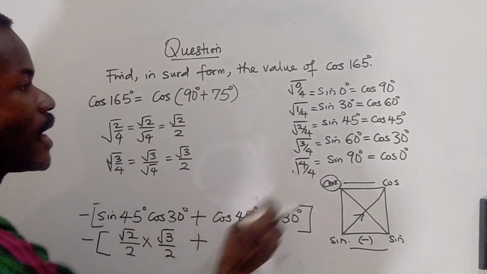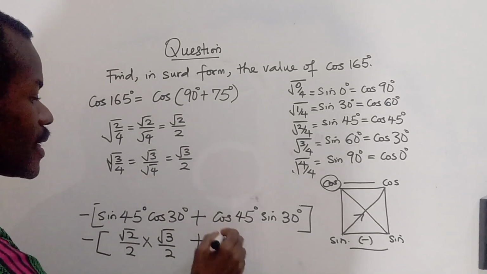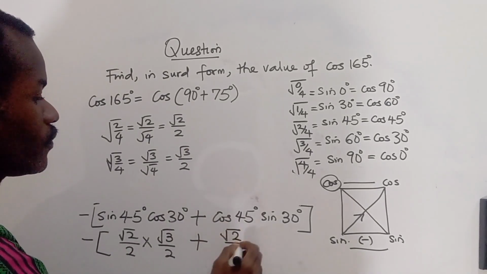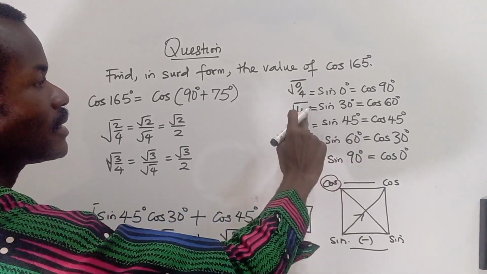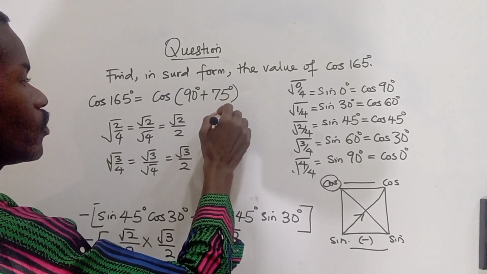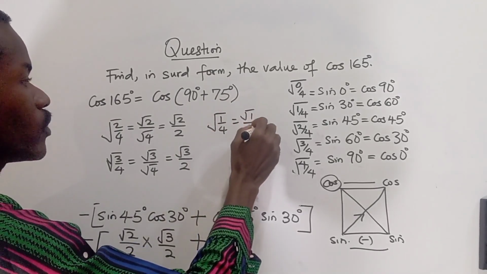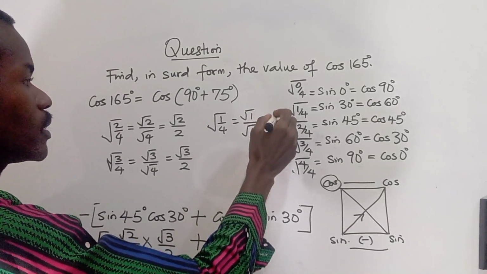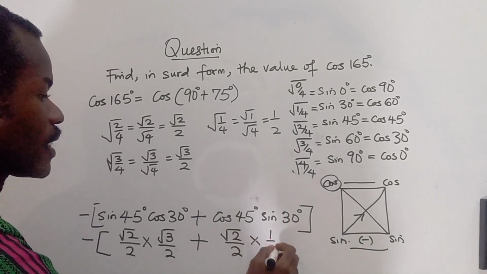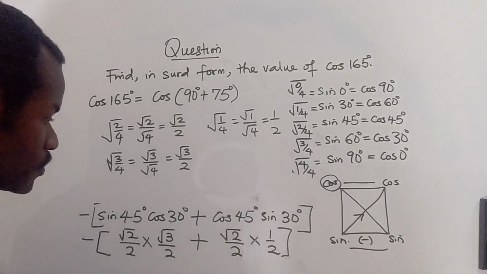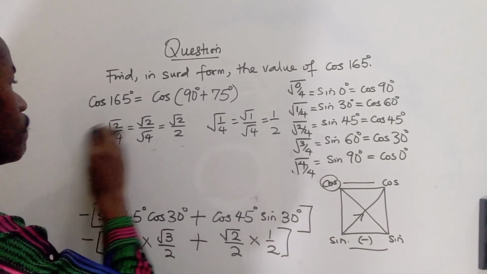Now our cos 45 is still square root of 2 divided by 2. Now our sine 30 is square root of 1 over 4, which is square root of 1 divided by square root of 4. Square root of 1 is 1, square root of 4 is 2. So we can replace this with a half. Now we have all in solved form.